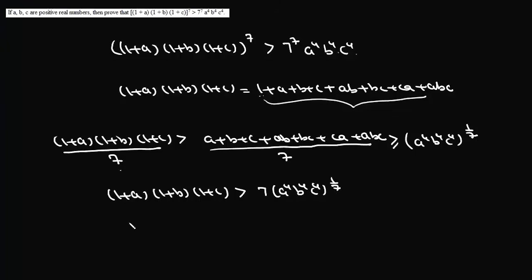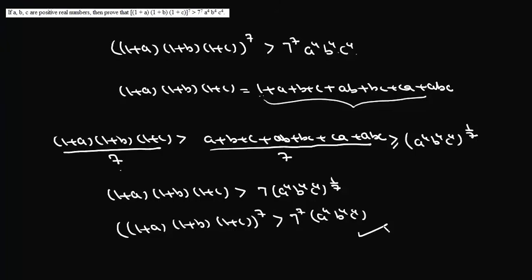Now we'll take the 7th power. So we can write (1 plus A)(1 plus B)(1 plus C) whole to the power 7 will be strictly greater than 7 to the power 7 and A to the power 4, B to the power 4, C to the power 4, which is what we need to prove in this question.